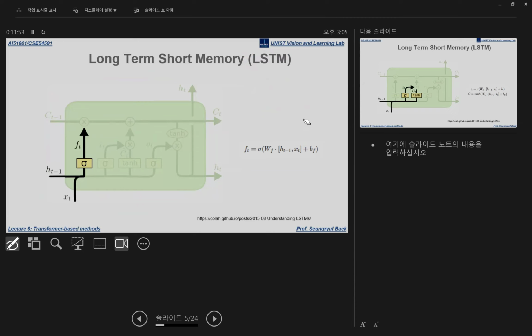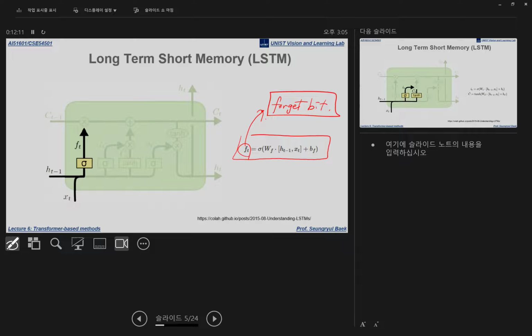To reduce the vanishing gradient, what they explicitly proposed was this type of additional bit. And this f of t means the forget bit.